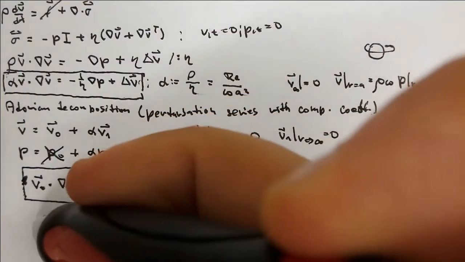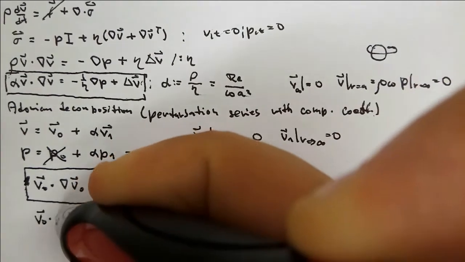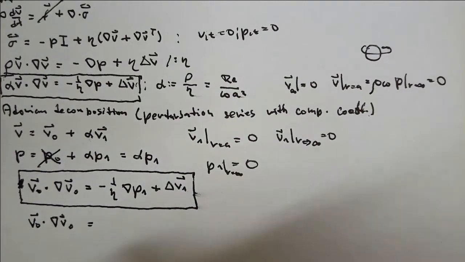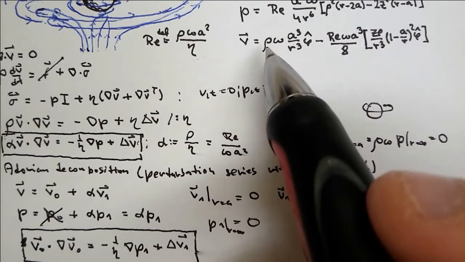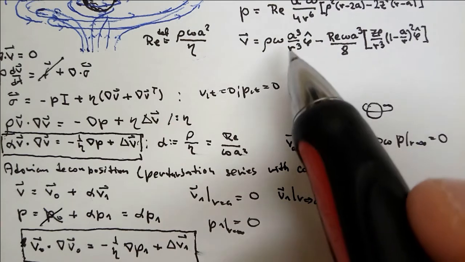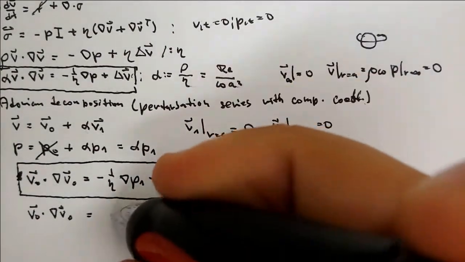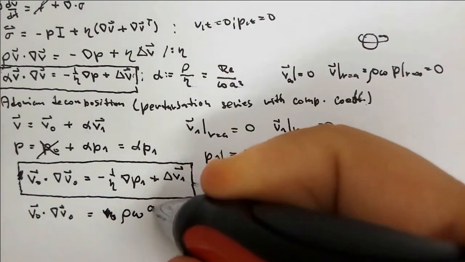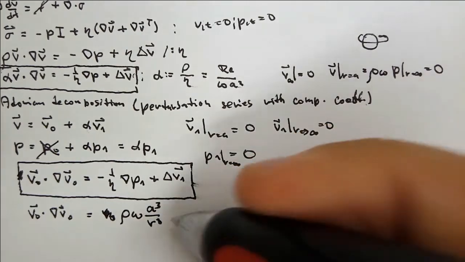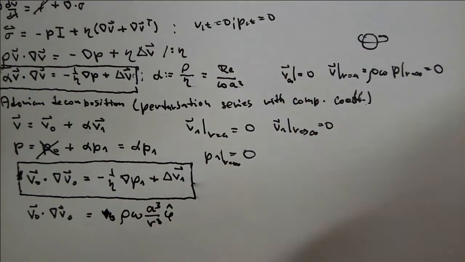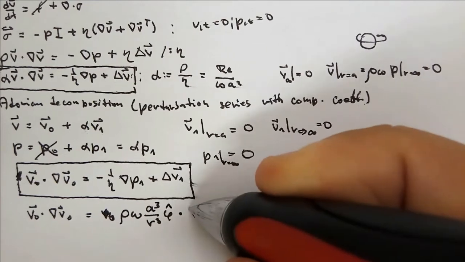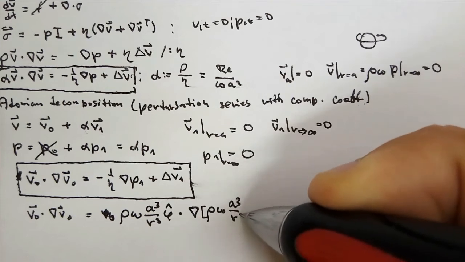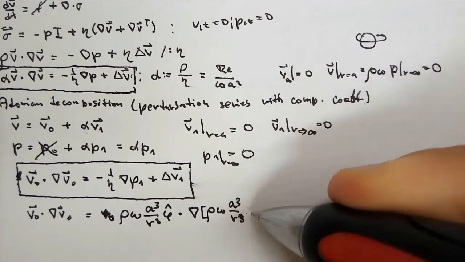We can compute this left-hand side, because it's basically v0, which we have found. v0 is rho omega a cubed divided by r cubed times phi hat, dot product with nabla, and there is also the same factor, and this is going to be this.